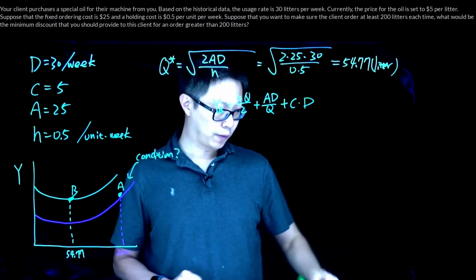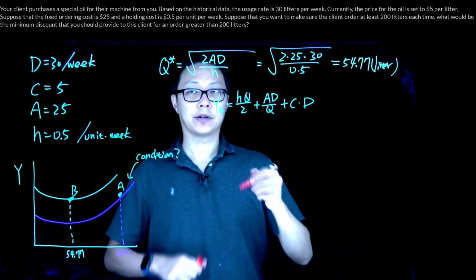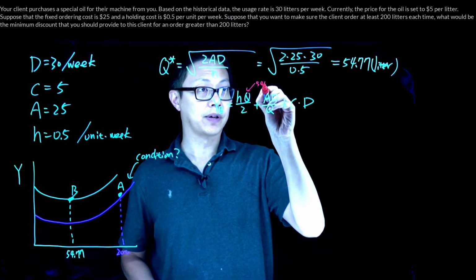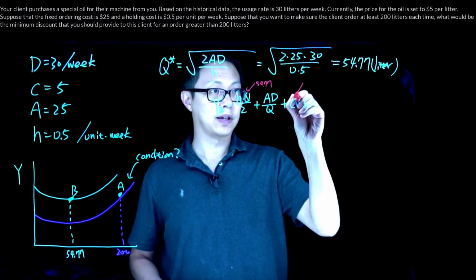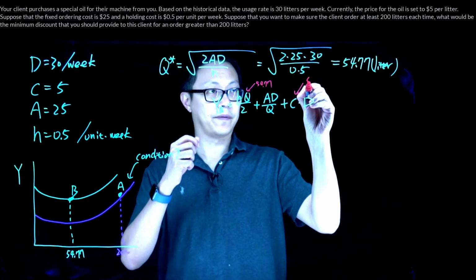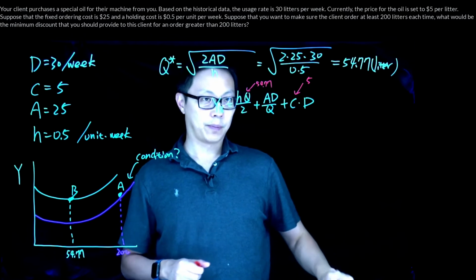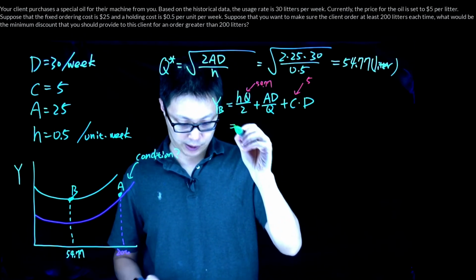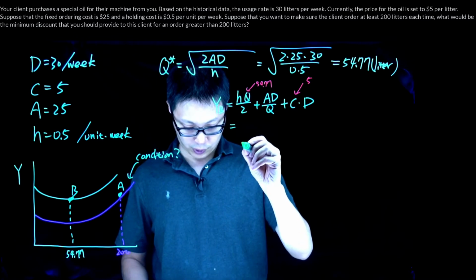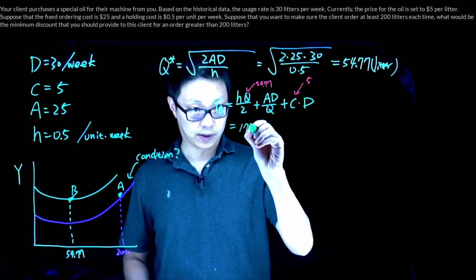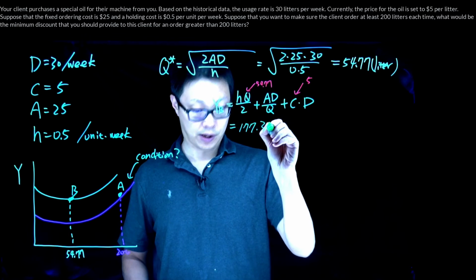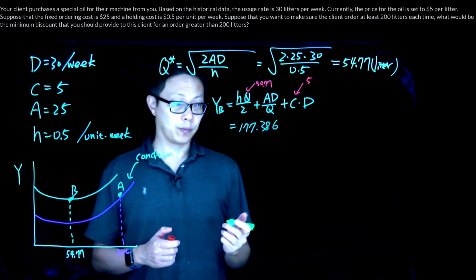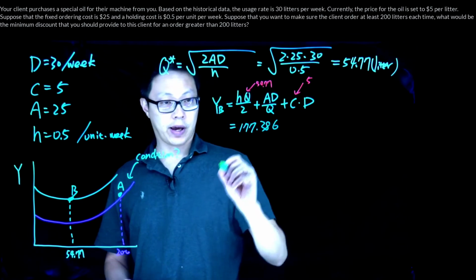And we know for this particular case, Q is equal to 54.77. C is equal to 5. So by plugging in all the numbers, we know YB is equal to 177.386.